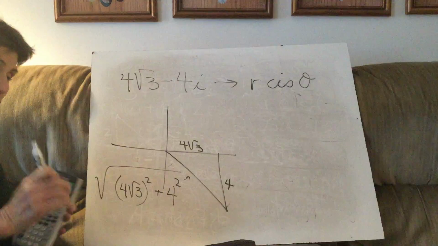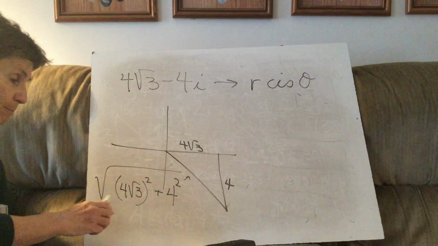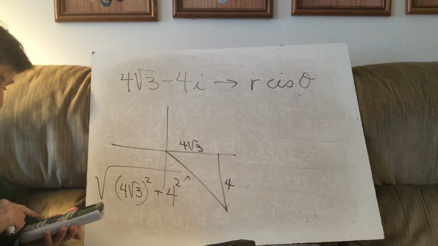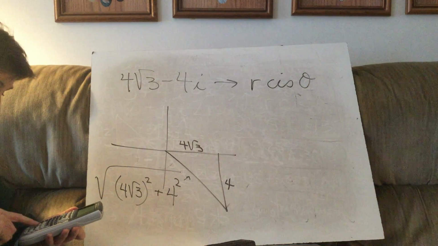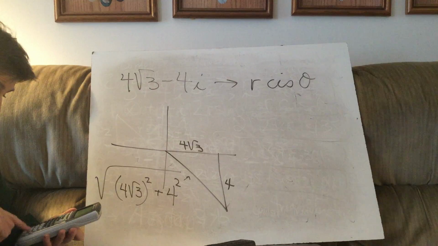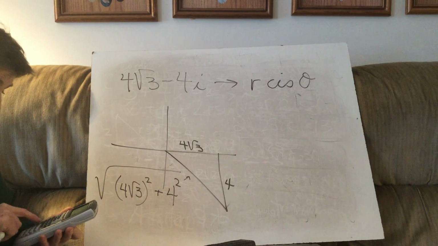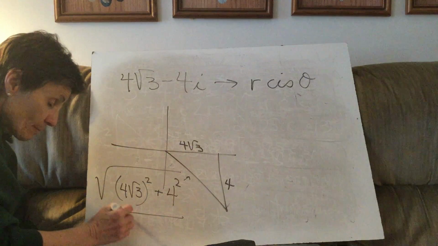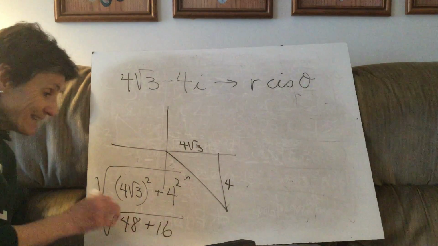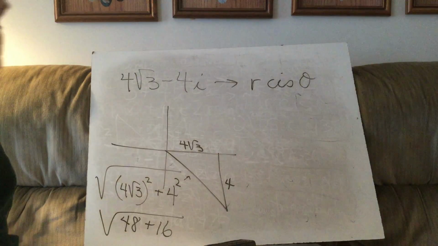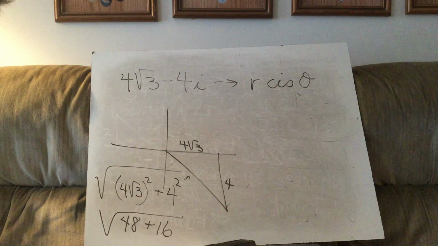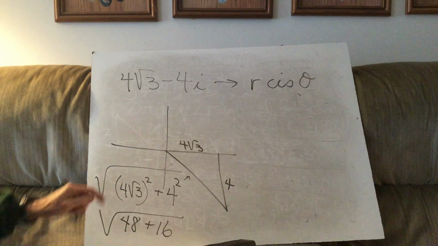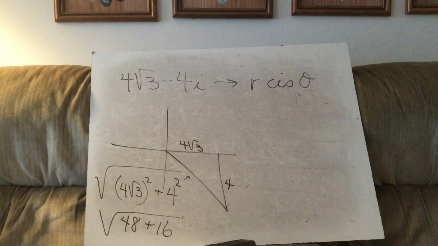If you square this on your calculator, you've got to have that in parentheses. So we're going to have parentheses 4 root 3, and then we square that, and we get 48. So if you're not getting 48, you need to do it again. And if you're still having trouble, then take 4 root 3 times 4 root 3. It should work out fine if you put in these parentheses.